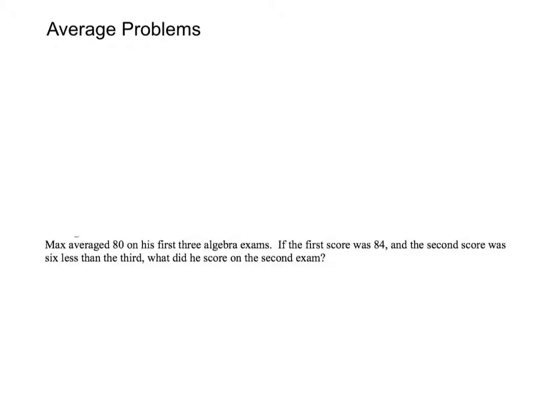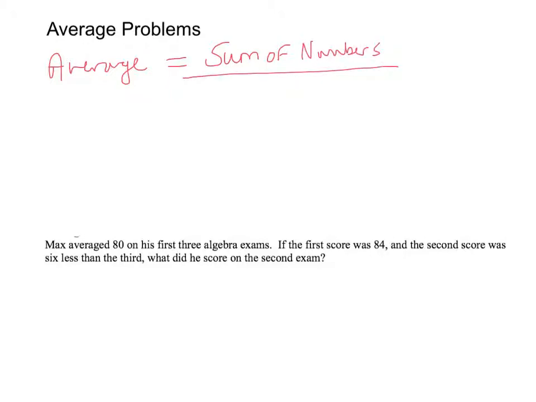The way that we find the average usually of a list of numbers is we take the sum of the numbers and we divide that by the amount of numbers. So let's say I have a group of 5 numbers and they add up to be 500.